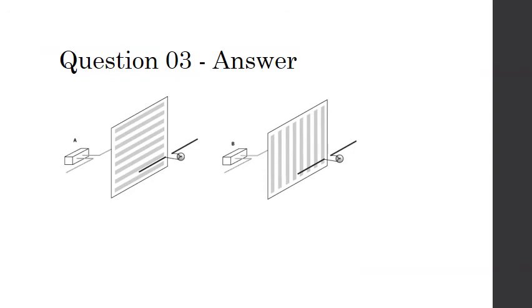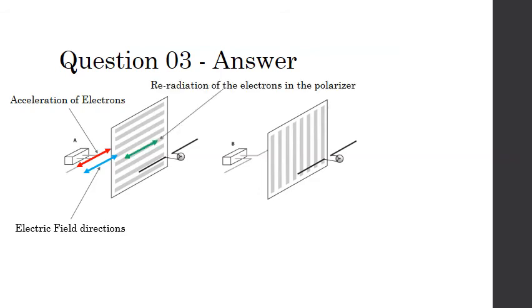All right, so what's the correct answer? For antenna A, the acceleration of the electrons will be in the direction of the red arrow. Then, since they're electrons and the radius r is outwards towards the polarizer, your electric field direction will be parallel to the acceleration of the electron, and then this electric field will hit the polarizer.